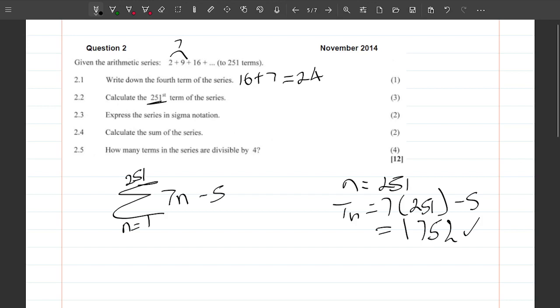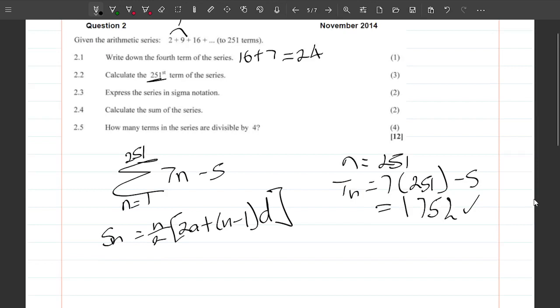Then they said calculate the sum of the series. Well, this is an arithmetic pattern, so I shouldn't really stress too much. I know that Sn is equal to n over 2 multiplied by (2a plus (n minus 1)d).